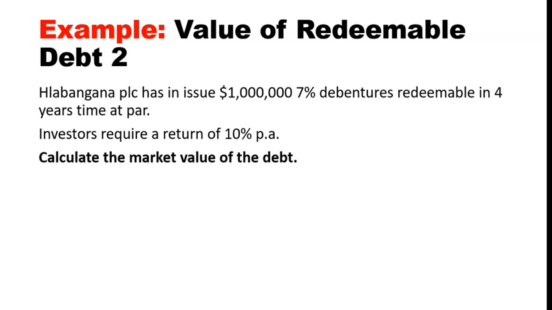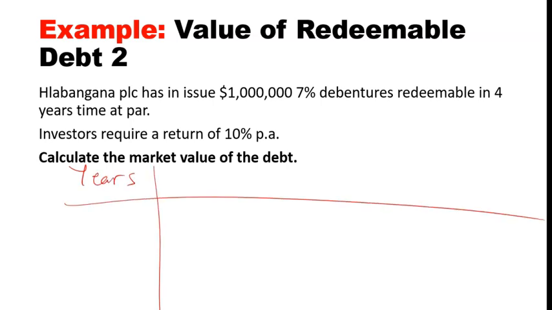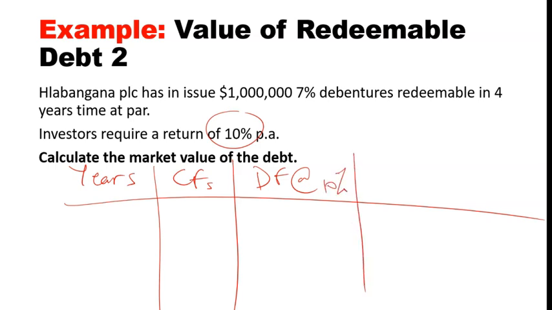Okay, so in this case, we just follow the same steps as we did. We have got our years, we've got the cash flows, we've got the discount factor at how much? 10%, because that's what we are told. And then we've got the present values. So for year 1 to year, how many years? 4 years.